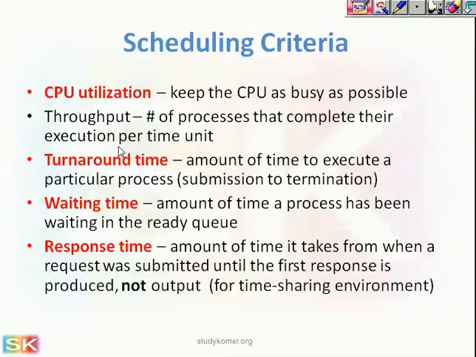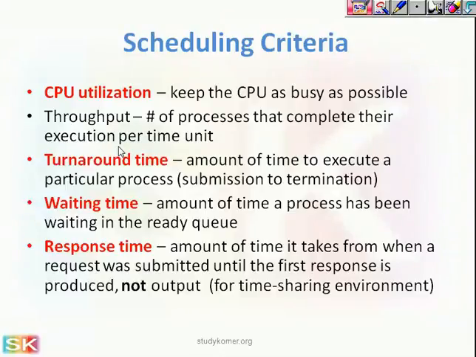Suppose a process P1 is submitted at time 1 second and it is finished at 10th second. So turnaround time for this process is 9 seconds. Right? Waiting time is the amount of time a process has been waiting in the ready queue, or it is the time when a process is doing nothing.